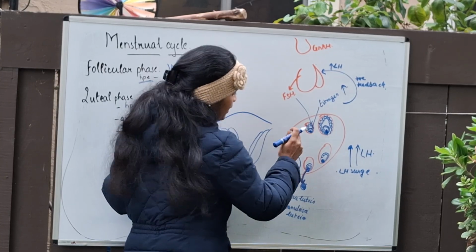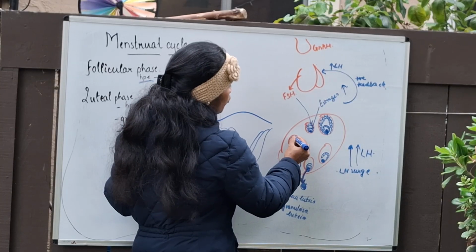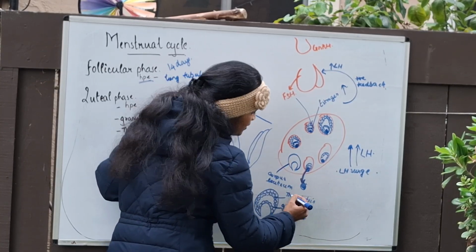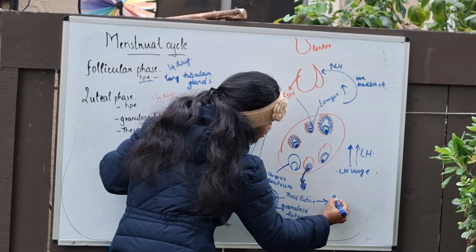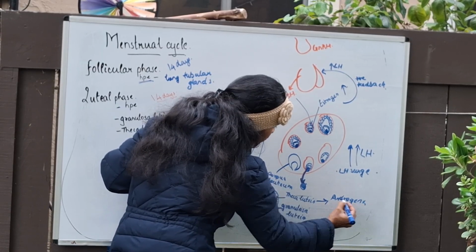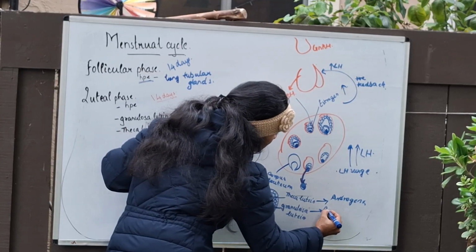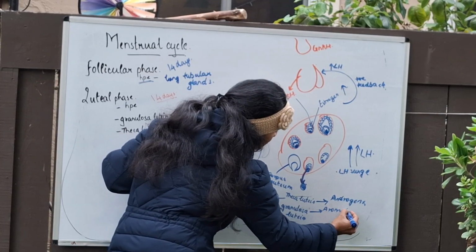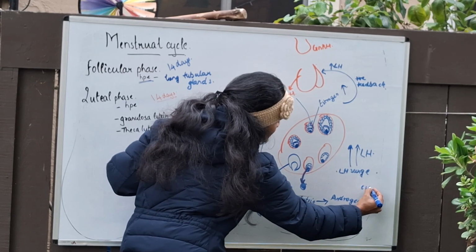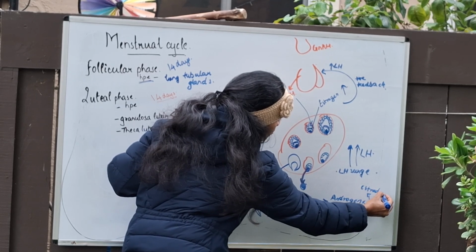What is the role of the theca interna cell which is present in the Graafian follicle? It is to produce androgens. The same role, the theca lutein will also be producing androgens. The granulosa lutein will be producing aromatase, which will be converting the androgens to estrogen, that is the estradiol in particular.